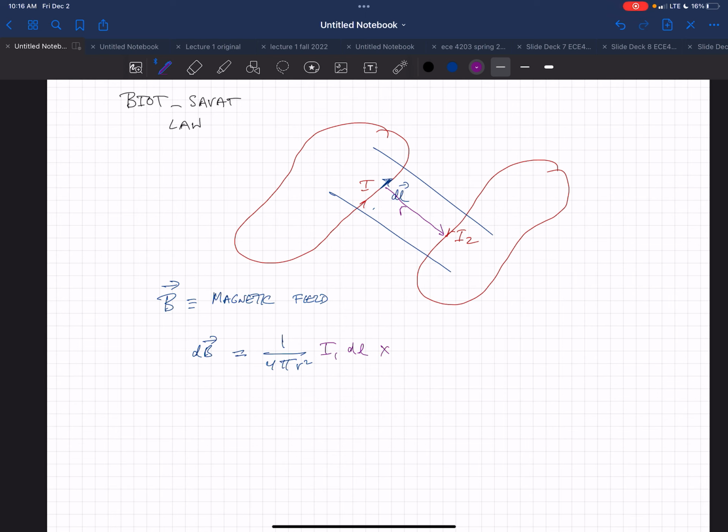dl curl of r hat, where r is defined as perpendicular to this dl increment. So if I was here, my dl in this segment would be pointing in that direction, and r would be perpendicular to that.